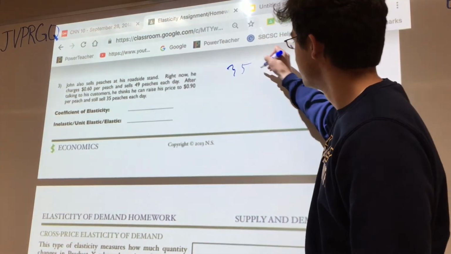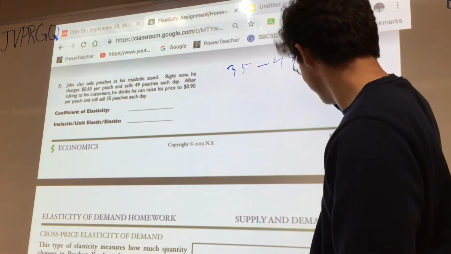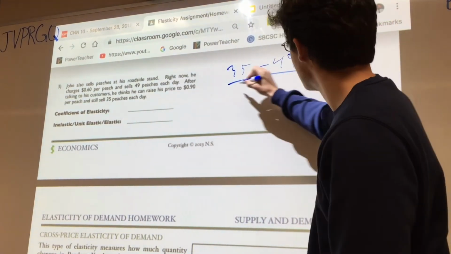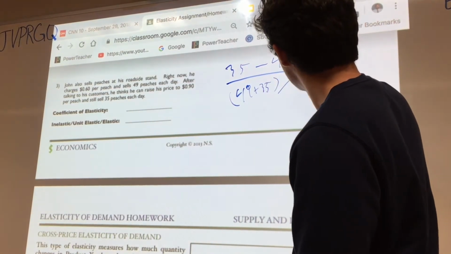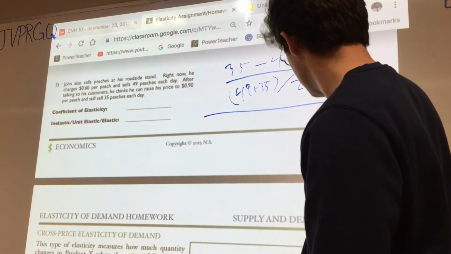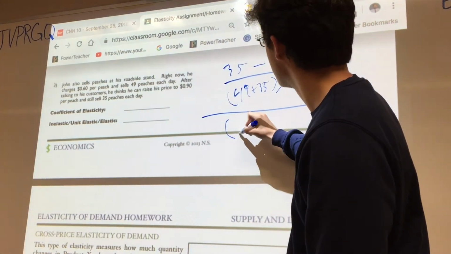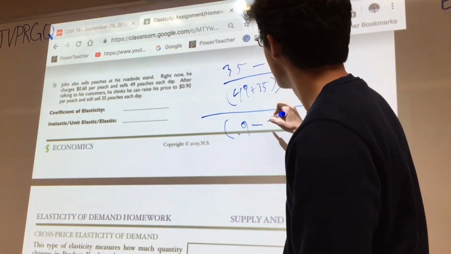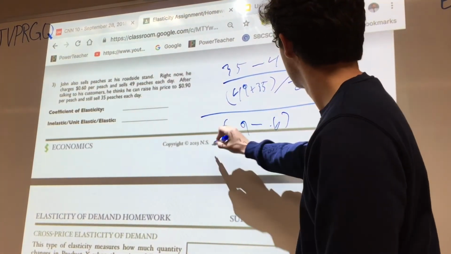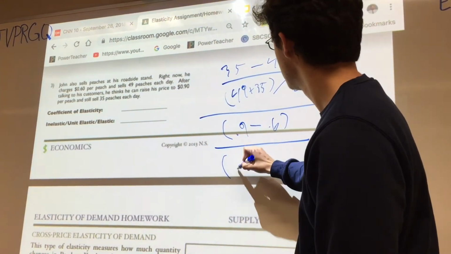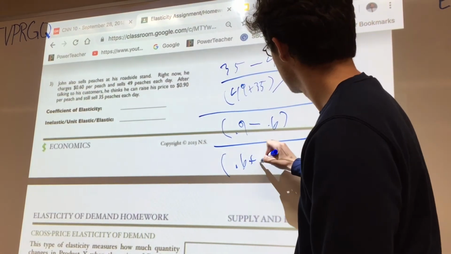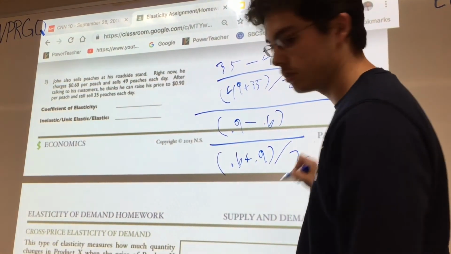Q2, Q1. Q1 plus Q2 divided by 2. You get P2 minus P1 over P1 plus P2 divided by 2.